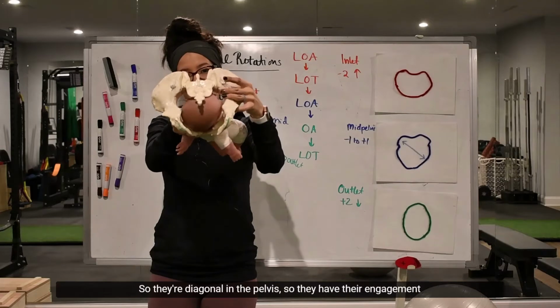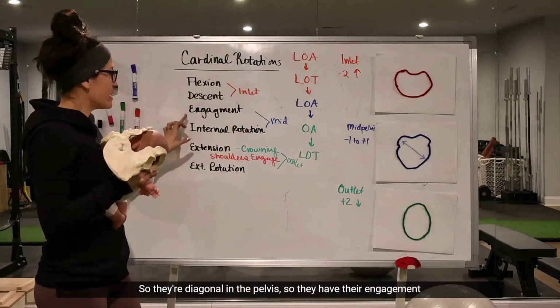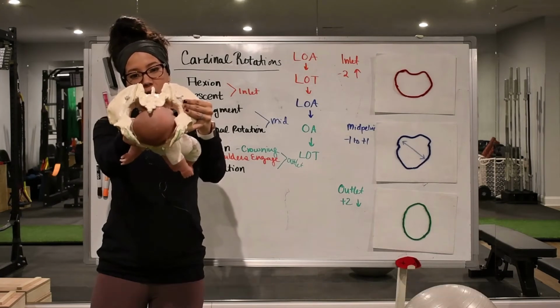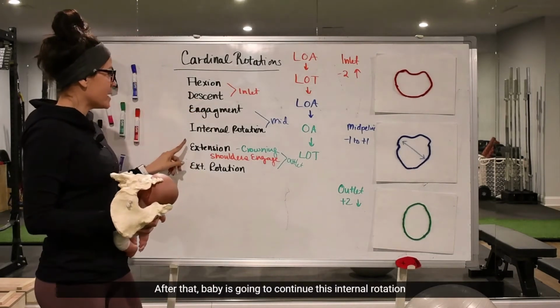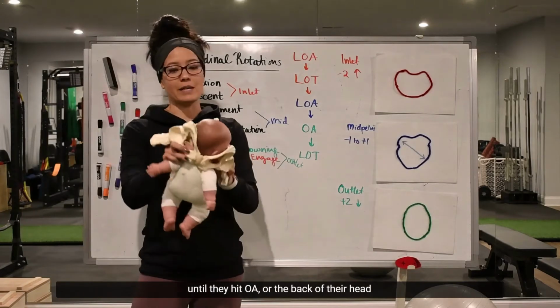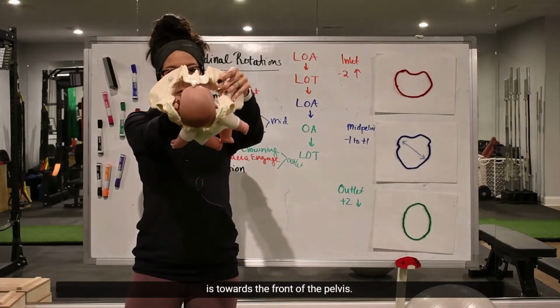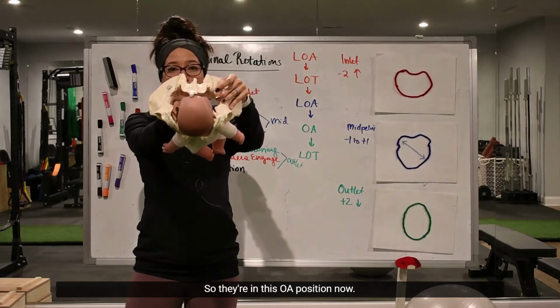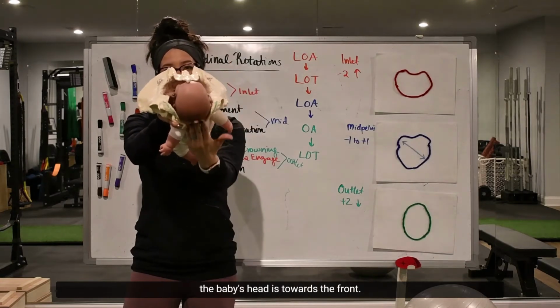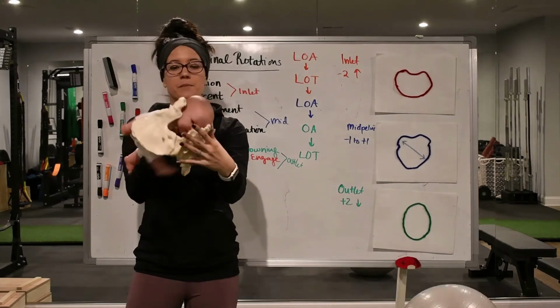So they're diagonal in the pelvis. So they have their engagement and their internal rotation. So LOT to LOA. After that, baby is going to continue this internal rotation until they hit OA. So the back of their head is towards the front of the pelvis. So they're in this OA position now. So this is the front of the pelvis, this is the back, and then baby's head is towards the front.